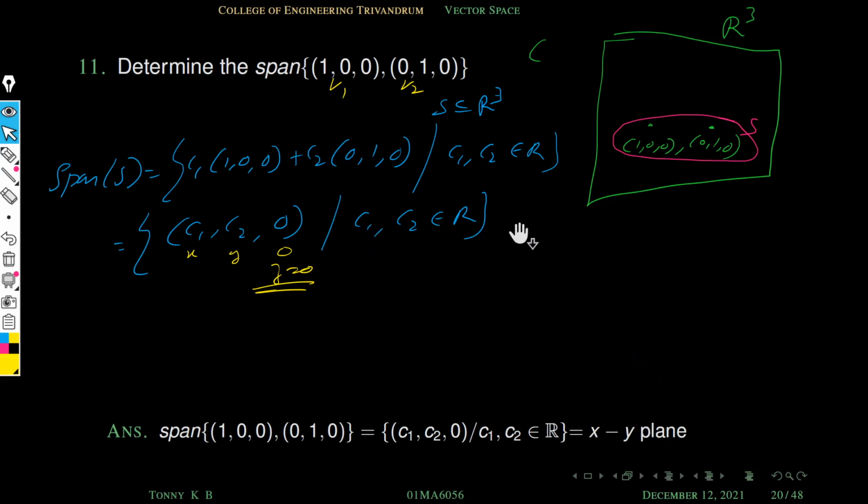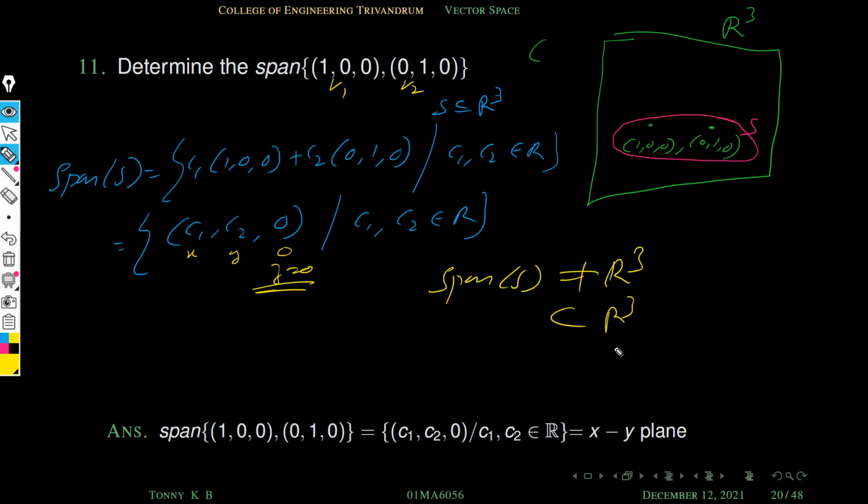But anyway, this set can't generate our entire set R3. These two are members of our vector space R3, but in this example, the span of S is not equal to R3. It is only a subset of R3.